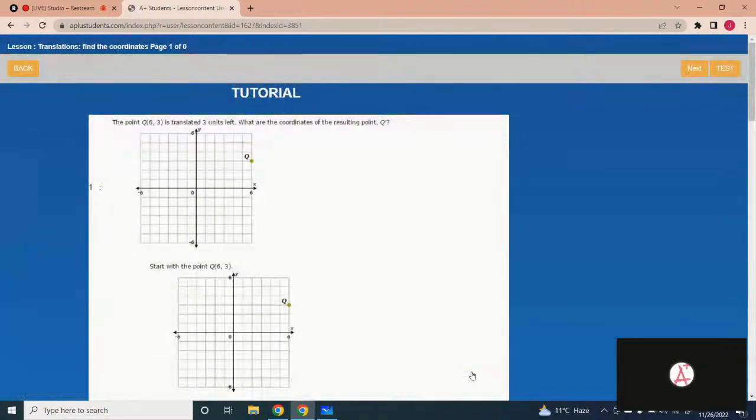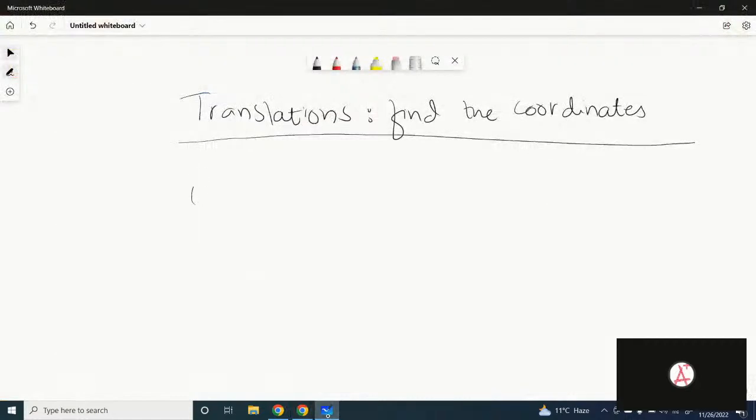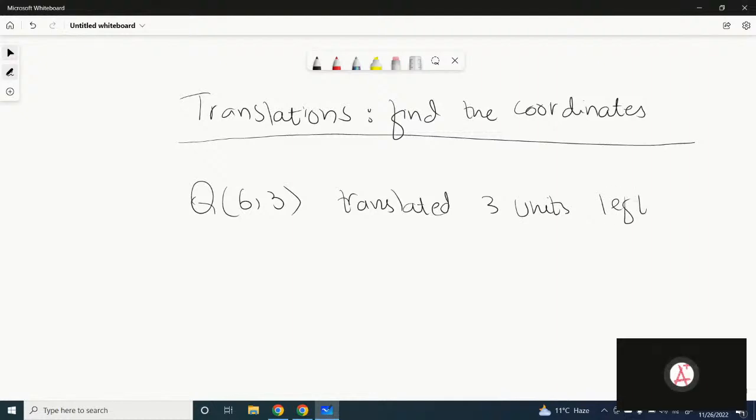Okay, the point Q (6, 3) is translated 3 units left. What is the coordinate of the resulting point Q'? Got it? So the point is Q (6, 3) and translated 3 units left. Got it?